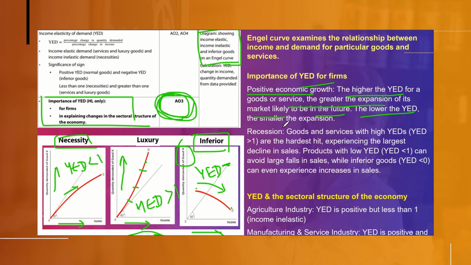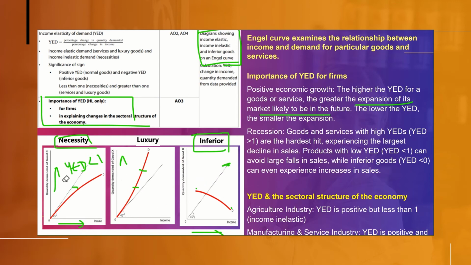So the lower the YED, the smaller the expansion. Obviously, if the income elasticity of demand is higher, then we can easily predict that the market will more likely expand in the future. And if the income elasticity of demand is lower, then the market is likely to have a smaller expansion in the future. That is the thing.